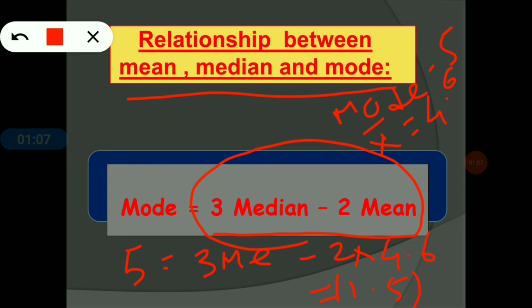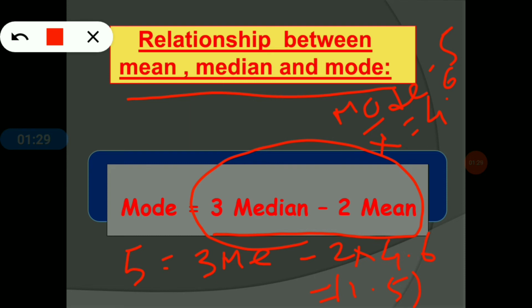This is the calculation process of the value of mean, median or mode when we have any two values among 3, and this is a very easy equation. This is a very easy formula also, okay.